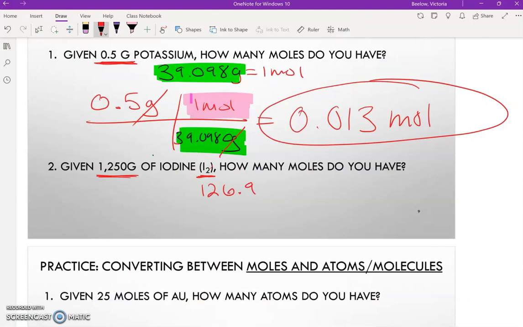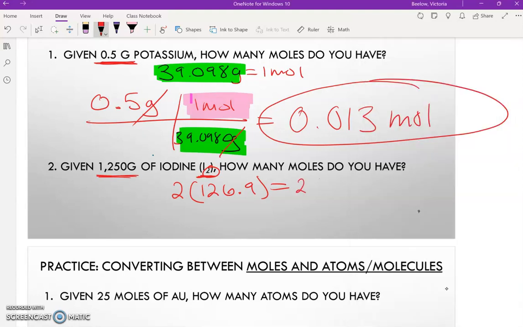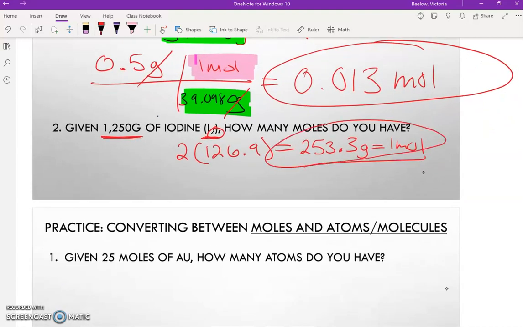And notice that it is I2, so I do have to multiply this number by 2. So 253.8. Again, this is molar mass, or you could say grams per mole, or this many grams is equal to 1 mole. Now that I have my equality here, I can start my picket fence.